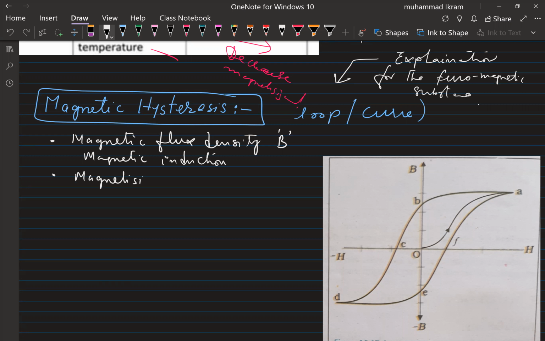The magnetizing force or the magnetic field strength.